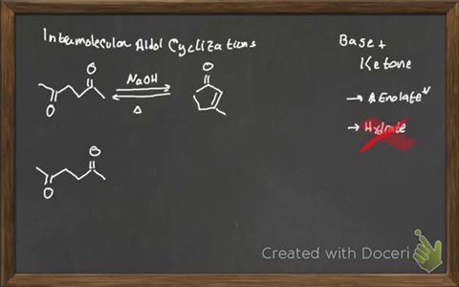This is a 5-membered ring, so we need 5 carbons. I'm just arbitrarily going to start 1, 2, 3, 4, and 5. You can see 1 through 5 there.